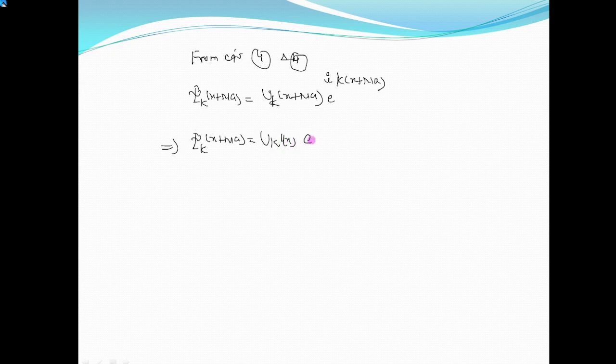So I can write it as uk(x) e power ikx e power ikNa. So this is from equation 4. So I can write psi k(x+Na) is equal to, what is uk(x) e power ikx?